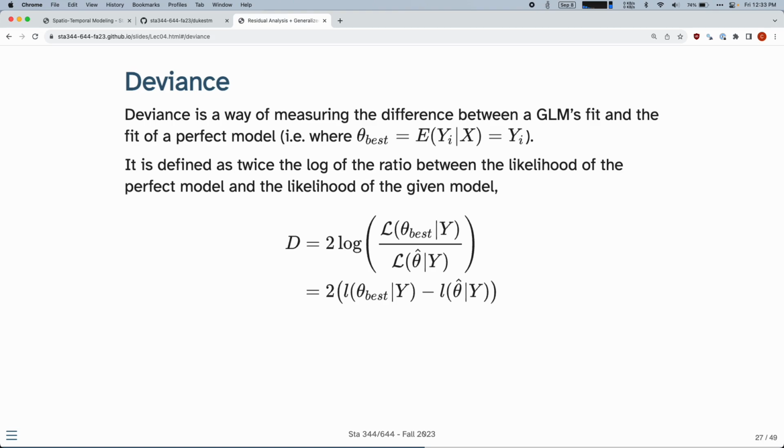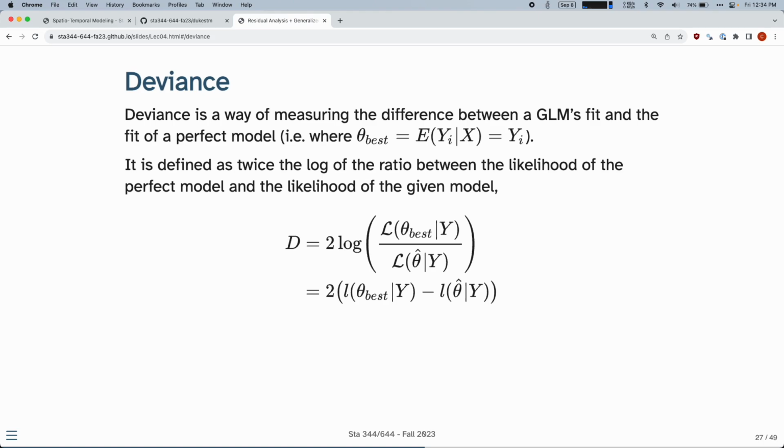Okay, so deviance is equal to 2 times, then I've got, so this is the best one, 1/2 log 2 pi sigma squared minus 1 over 2 sigma squared (yi minus yi) squared. That's 0, it just goes away.